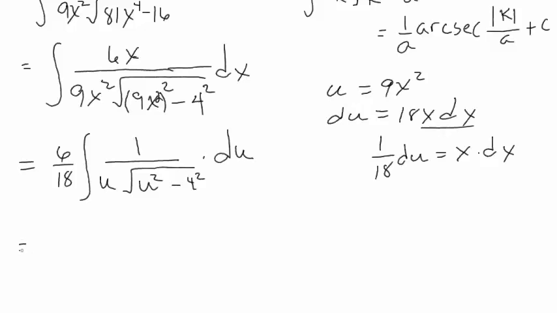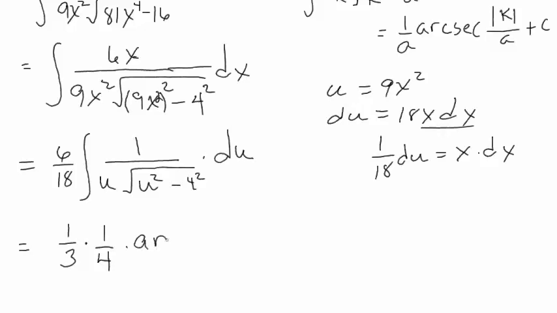Okay. So I'm going to go ahead and simplify. That's 1/3 times. Now this is what we need to rewrite. So this is 1 over a, and we've identified a as being 4. A is our 4 right here. So this becomes 1 over 4. Of course, we'll simplify this here in a minute.